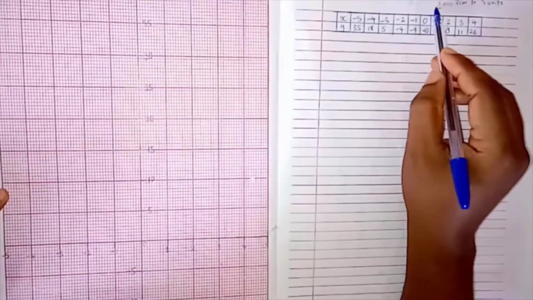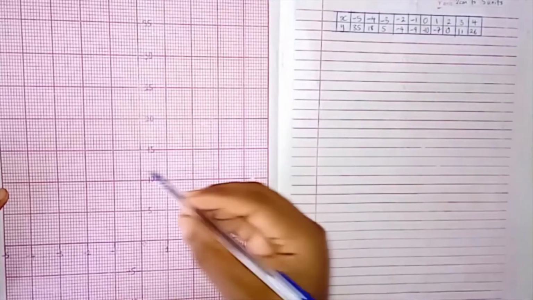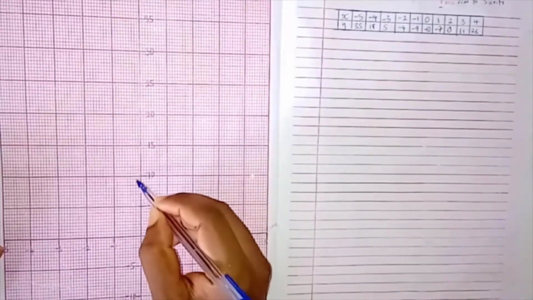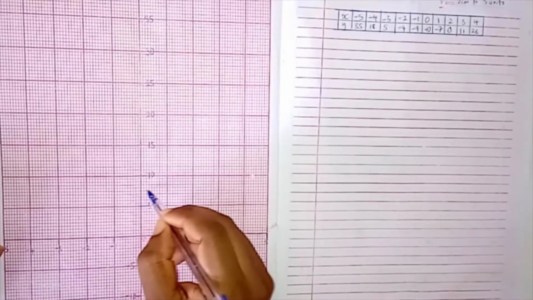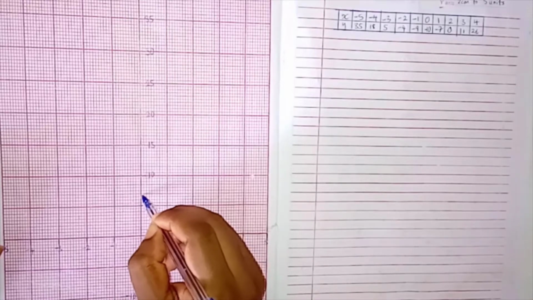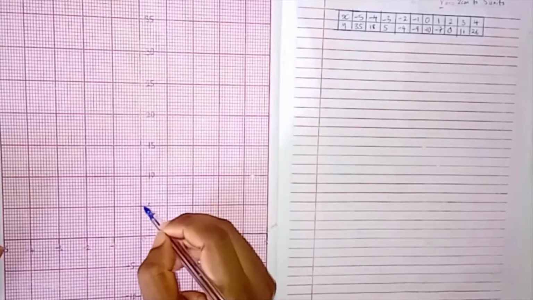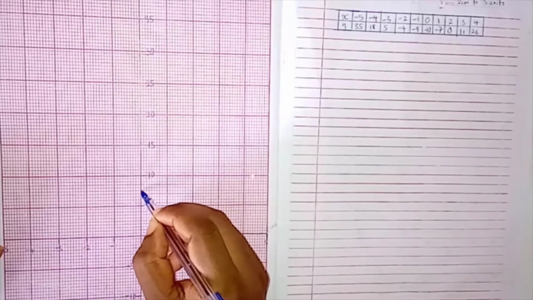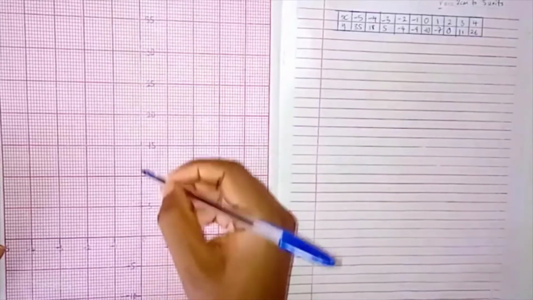Since the y-axis says 2 centimeter to 5 units, in a 2 centimeter box, which is from here to here, you have 10 small square boxes, 10 horizontal lines. If we count, we have 1, 2, 3, 4, 5, 6, 7, 8, 9, 10. That's for a 2 centimeter box.